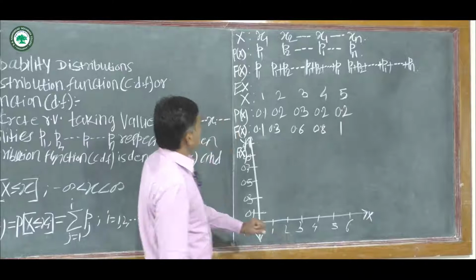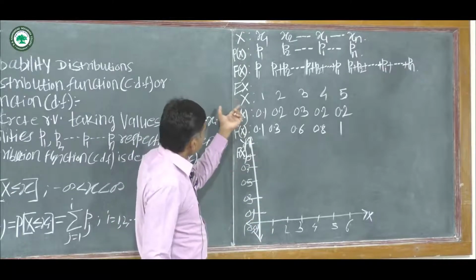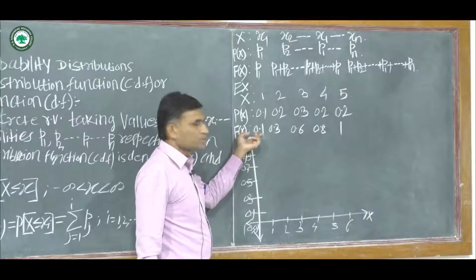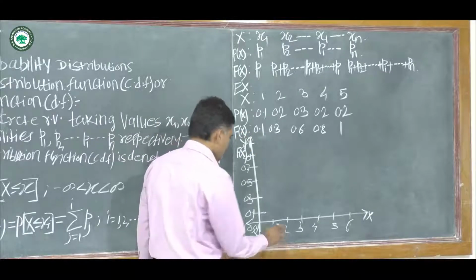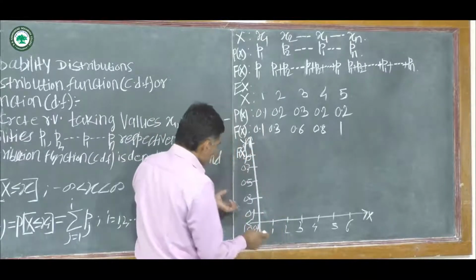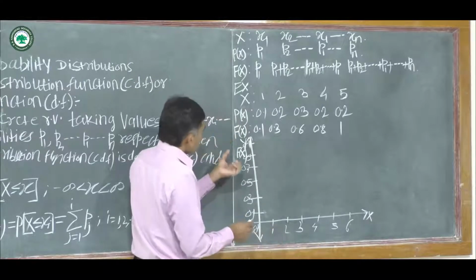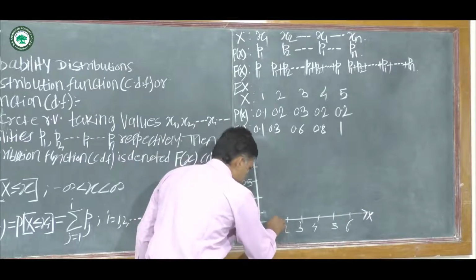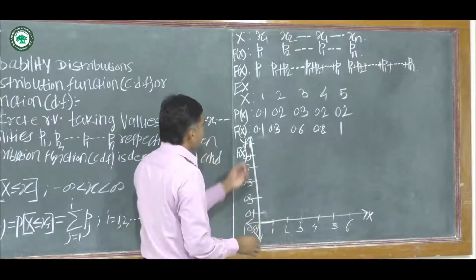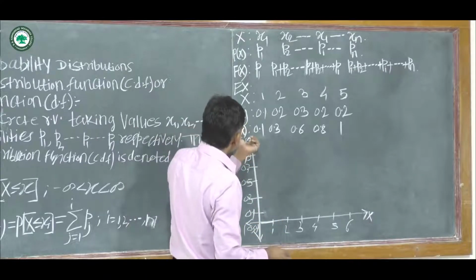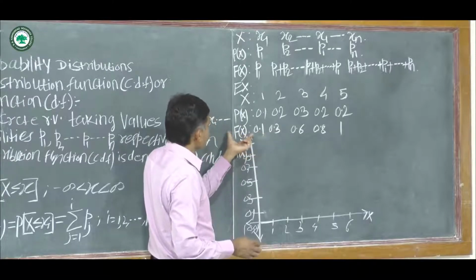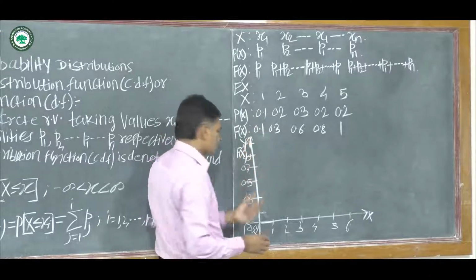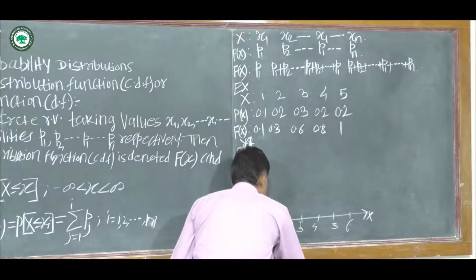Now at x equal to 1, the capital F of x is equal to 0.1. The function in between 0 to 1 is constant, and at x equal to 1 the function changes, and the capital F of x is equal to 0.1, this point.